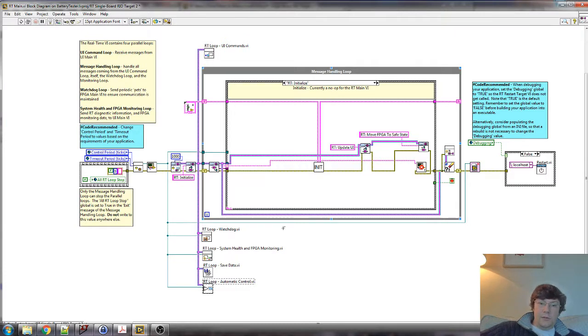This is the message handler. Watchdog, which is the usual watchdog that you get in CompactRIO type templates, where the FPGA will look out for a ping from the microprocessor. If it doesn't get it, it'll reset the microprocessor and drop itself into a safe state.